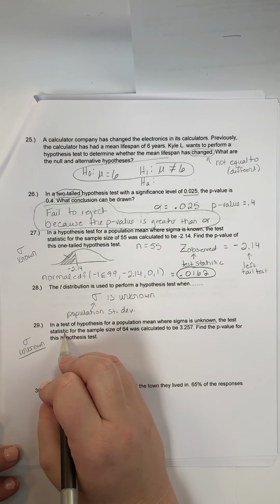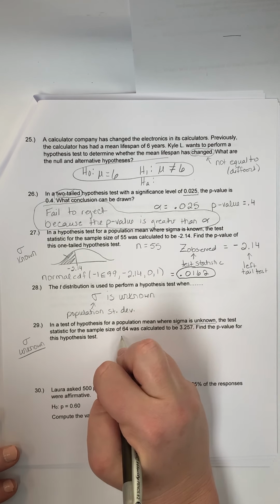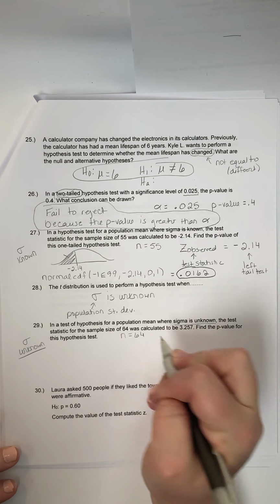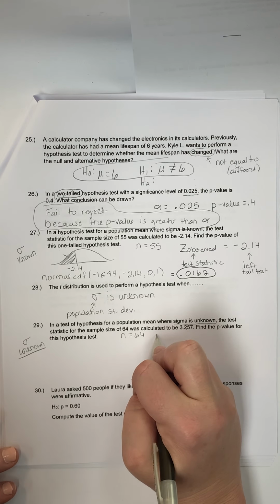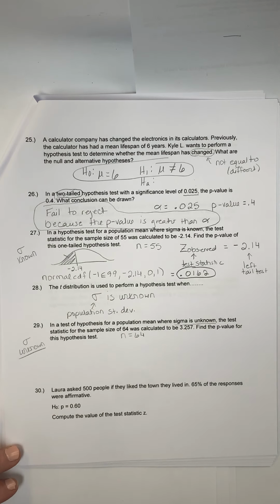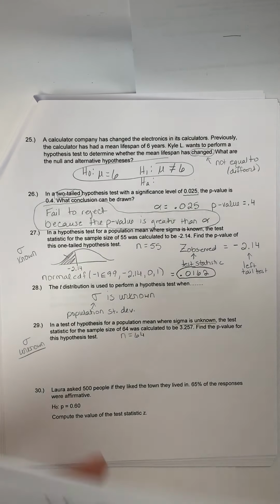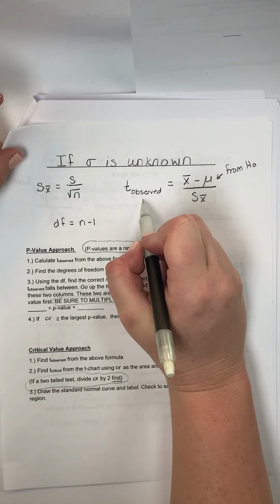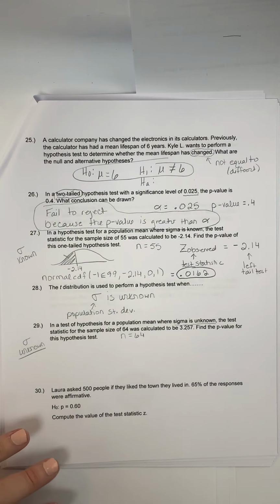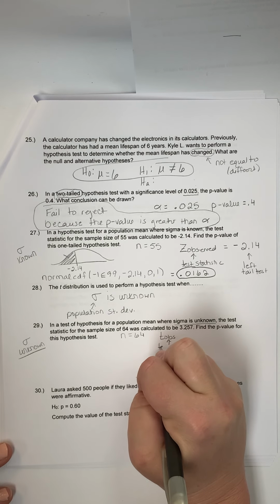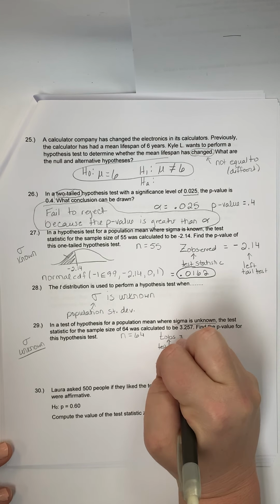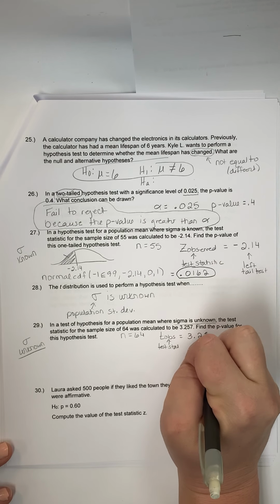The test statistic for the sample size of 64 was calculated to be 3.257. Okay, remember, test statistic there. Now, that's your observed value. When sigma's unknown, my test statistic is T observed. Okay, so my T observed, that's my test statistic, is 3.257.